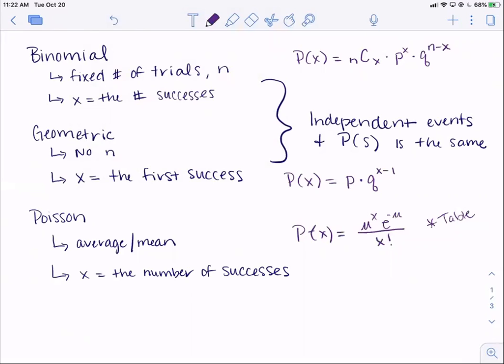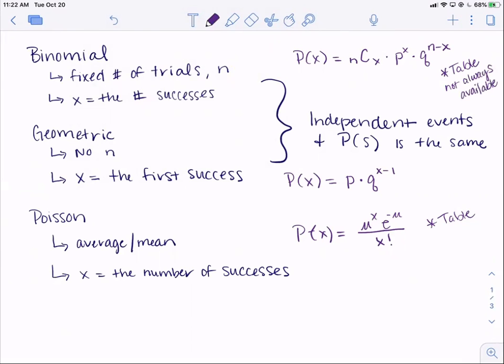And then which other one has a table? Binomial. But when can it be used? It's only when p is a nice number. Not always available.